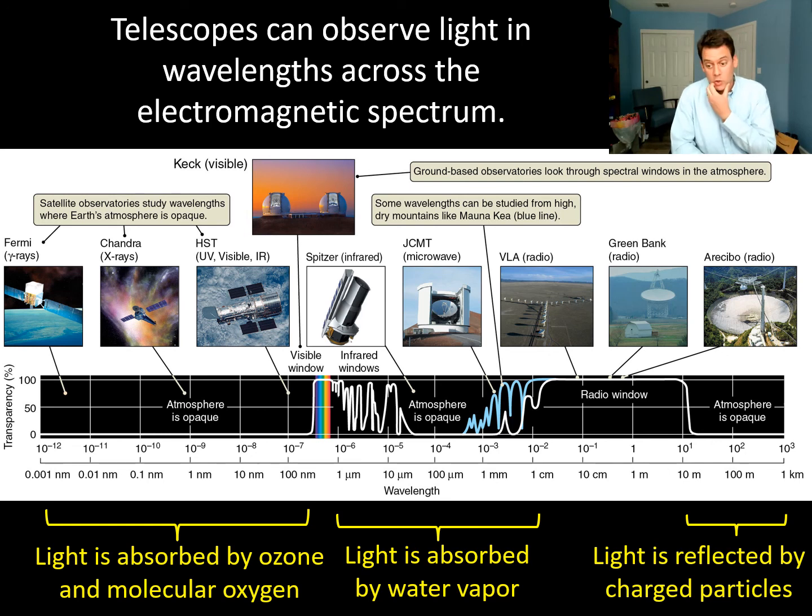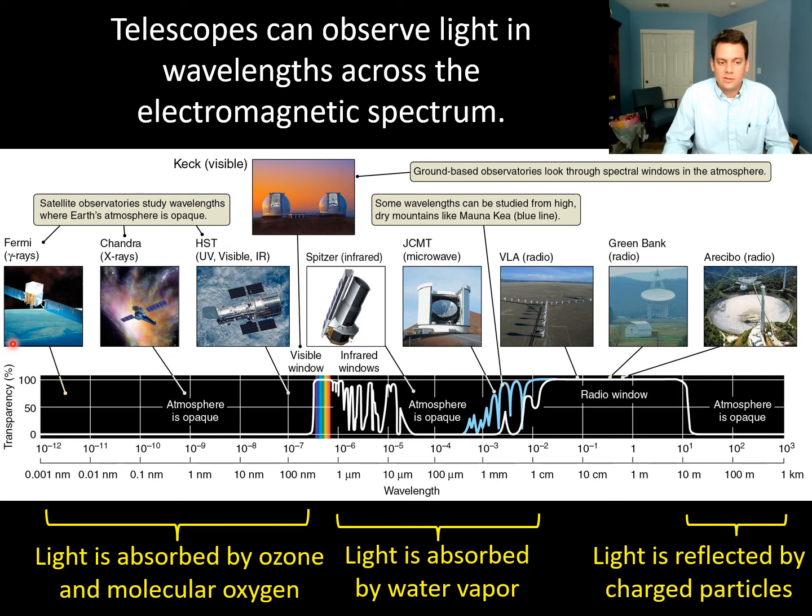It didn't take scientists long to realize, well, we might not be able to see these other wavelengths, but if we can detect them, we might be able to get a lot of information out of them. And it turns out that's true. I'm certainly not going to read all of this slide to you, but I hope that it will convey to you the fact that astronomers do actively now use essentially the entire electromagnetic spectrum.